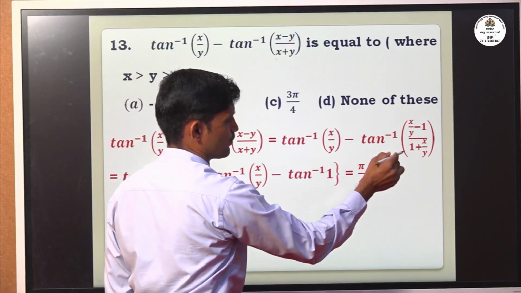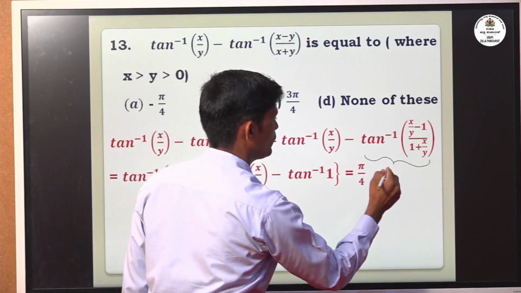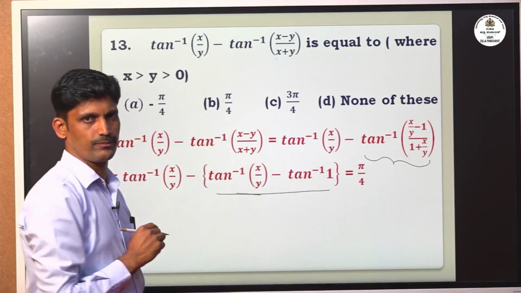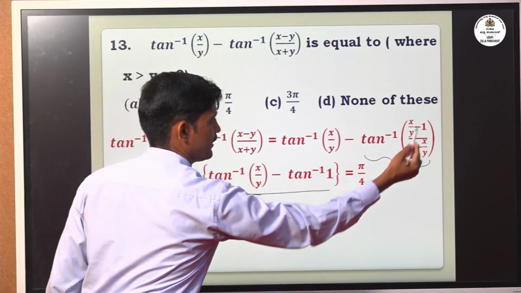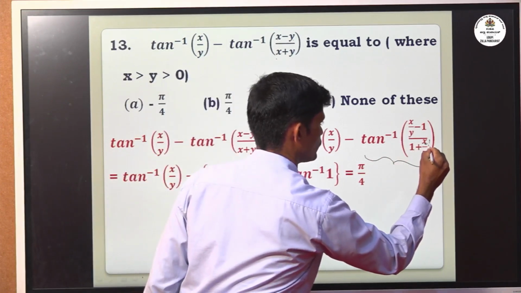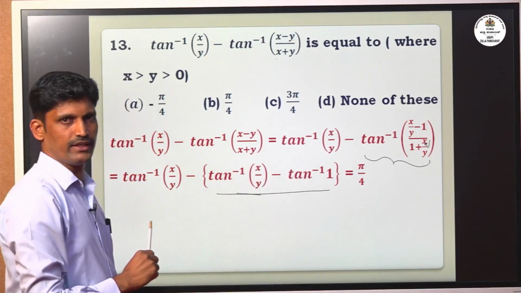X by y plus 1 or 1 plus x by y are the same. And we treat this as tan inverse of x by y minus tan inverse of 1. This tan inverse of x minus y divided by 1 plus x into y, here we can write into 1. So tan inverse of x minus tan inverse of y can be written.